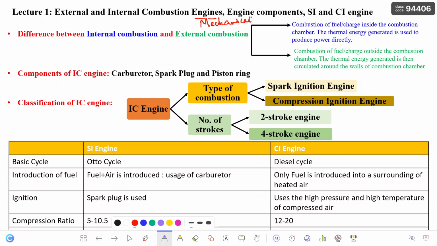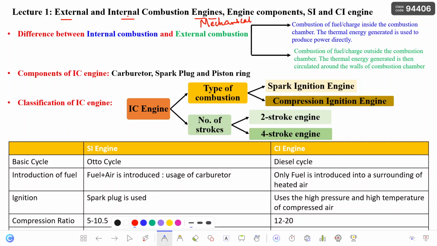Now, the major difference between an external engine and an internal engine is that in an external engine, the combustion takes place outside the combustion chamber, or let us say outside the engine. If there is combustion outside the engine, then how is this thermal energy transported to the position where we get the energy back in the form of mechanical energy?